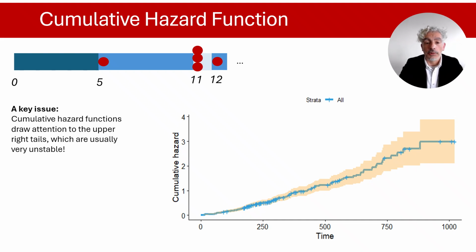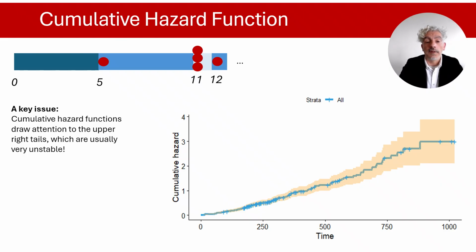Here I try to highlight this problem by drawing also the cumulative hazard function with confidence intervals. The line here represents the cumulative hazard function for the lung cancer data, and the vertical ticks on the line represent censored cases. The shaded area indicates the 95% confidence interval of the cumulative hazard function.